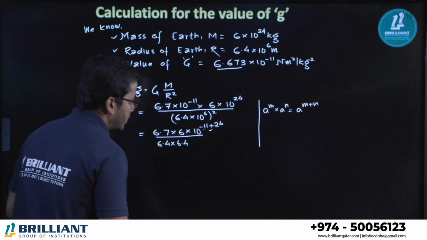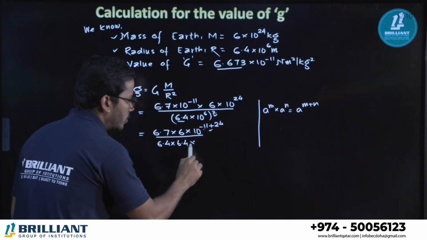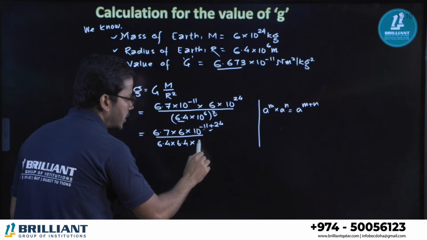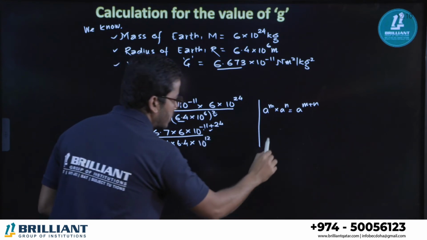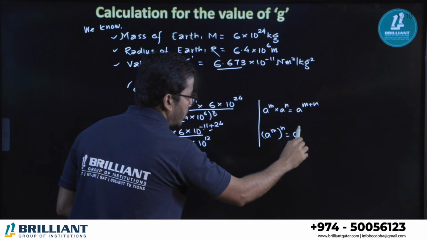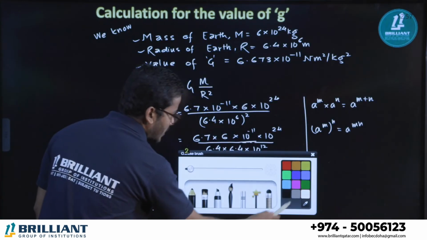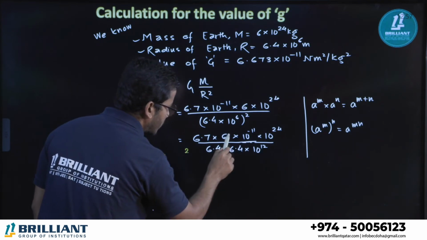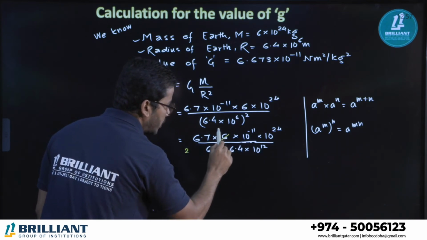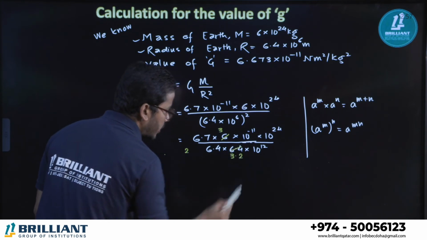So what is next then? Next is the square term. So I made 6.4 into 6.4 into 10 raised to power 12, right? Next we can cancel this value with 2. 2 how many times? 3 times, and 6.4 goes 3.2 times, correct?